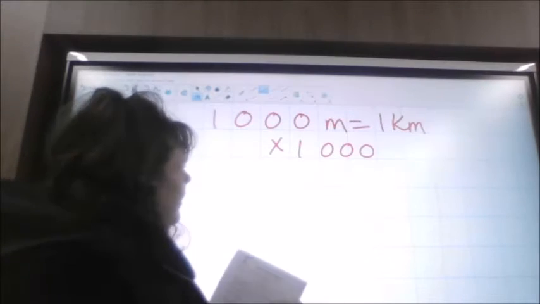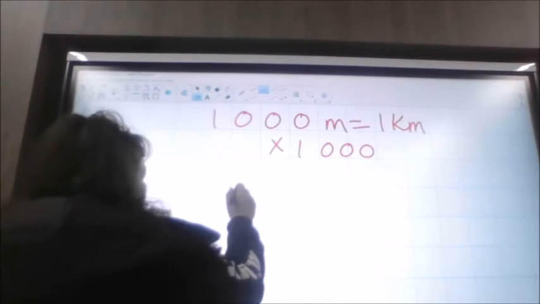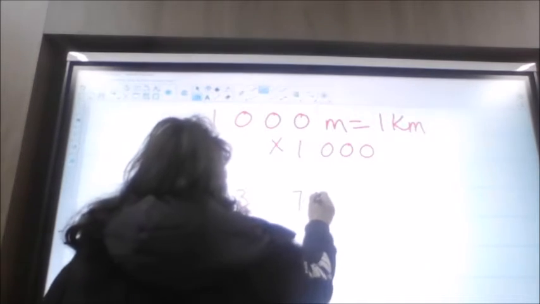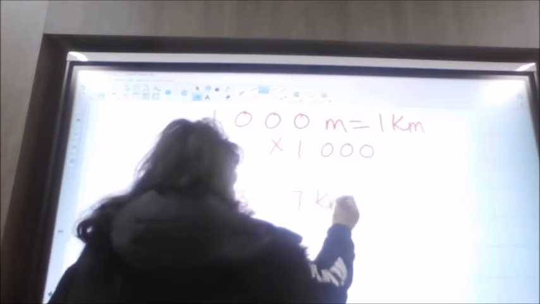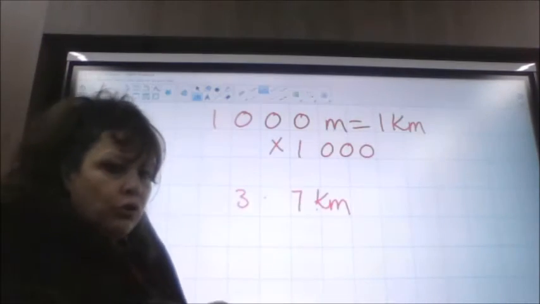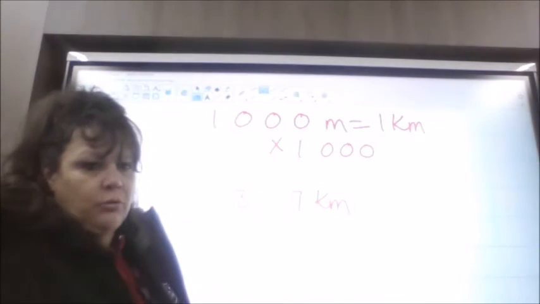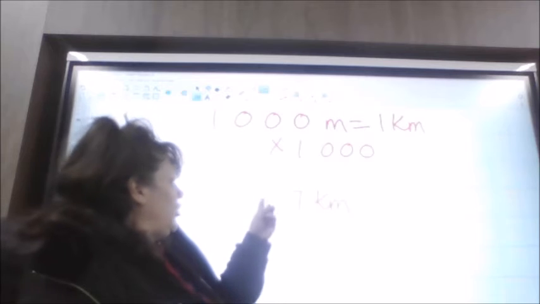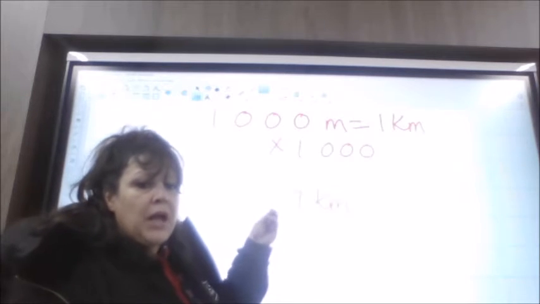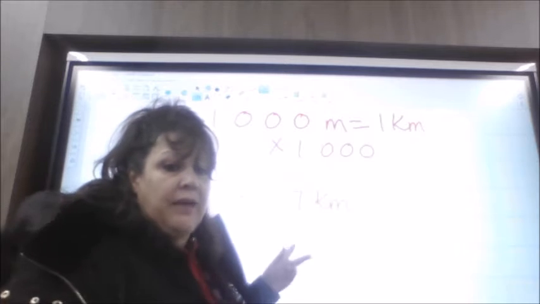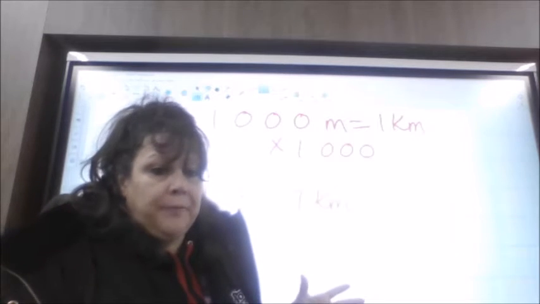So if I've got this number, 3.7 kilometres, and I want to work out how many metres it is, I'm going to multiply that by 1,000. That means that my digits, there's my decimal point here, will move 3 places to the left. The number's getting bigger.